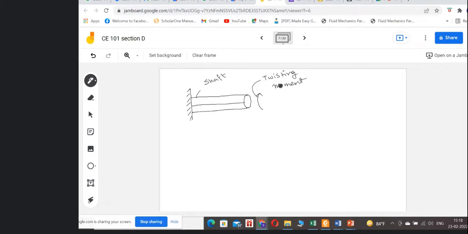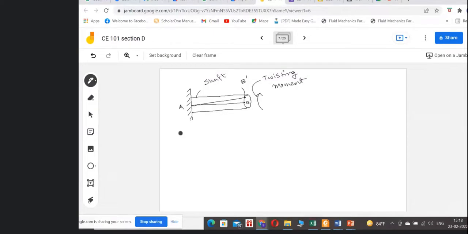Due to the application of this twisting moment, this position will now go to some new position, say this one. Let us give nomenclature to all the points. This is A. Say the initial position was B. The current new position is B dash.